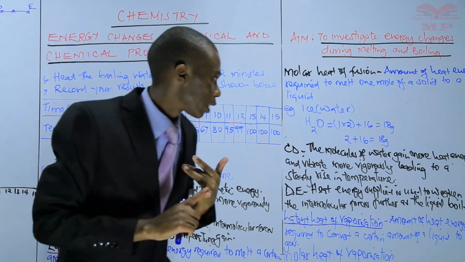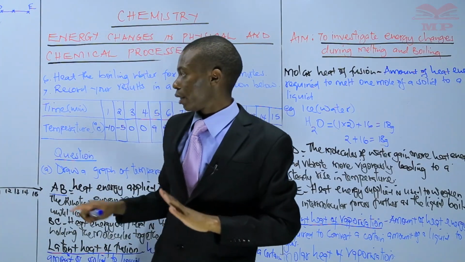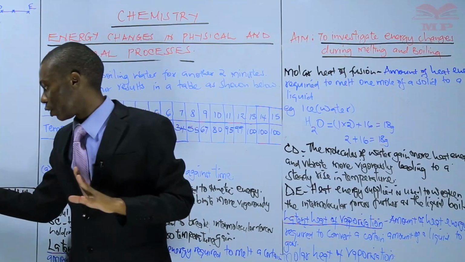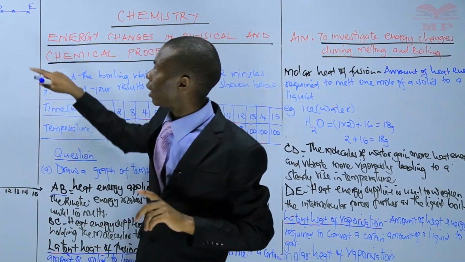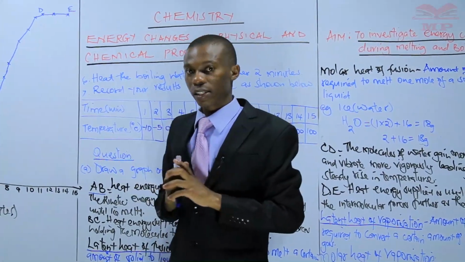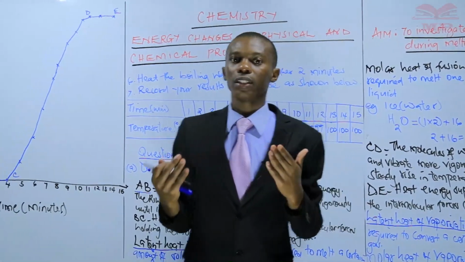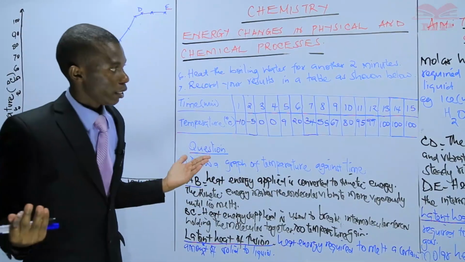Now this shows you that the melting point of ice is 0 degrees Celsius, and the boiling point is 100 degrees Celsius. Those are very important. Ensure that you understand those terms very well.